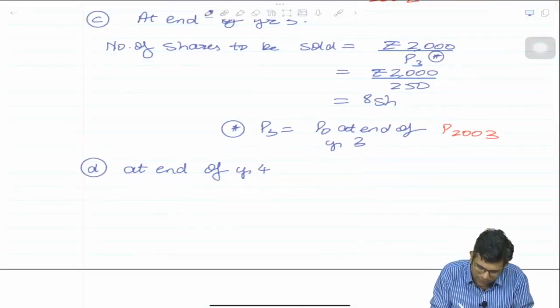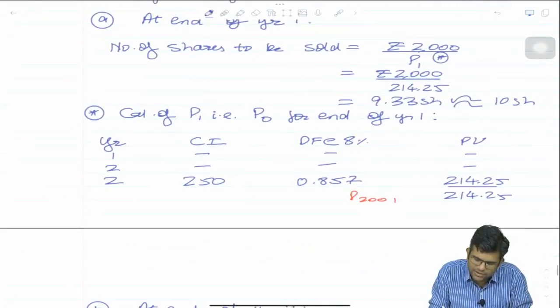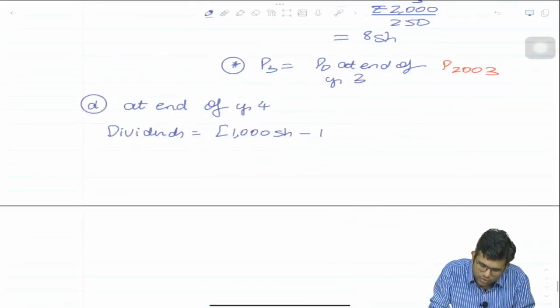So can I say at end of year 4, dividends that I will receive will be 1000 shares minus, can I say the first year I sold off 10 shares, second year 9, third year 8. So minus 10 minus 9 minus 8.